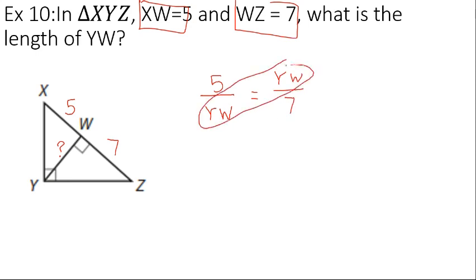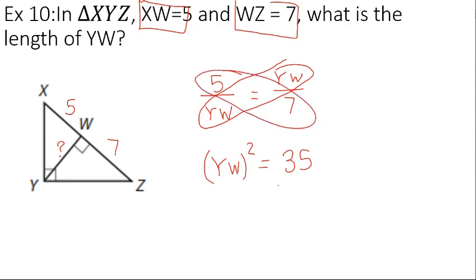And I cross multiply. I get YW squared equals 7 times 5, 35. And I take the square root of it. So here I get YW equals the square root of 35.